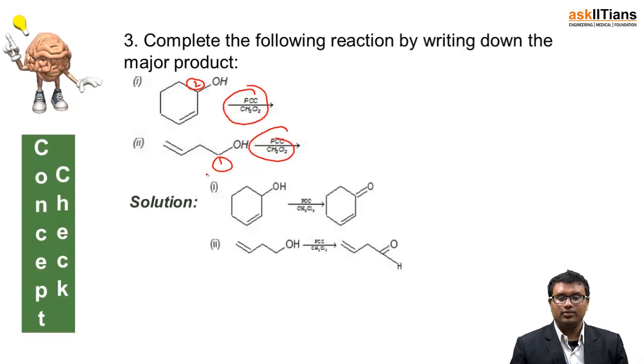So the solution is that in the first process you will get a keto group here, because it's a 2-degree alcohol, and a 2-degree alcohol can be converted into a ketone. And here it's a 1-degree alcohol, and a 1-degree alcohol can be converted into an aldehyde. So the major product is a ketone here, since it's a 2-degree alcohol. A 2-degree alcohol can be oxidized to a ketone, and a 1-degree alcohol can be oxidized to an aldehyde.